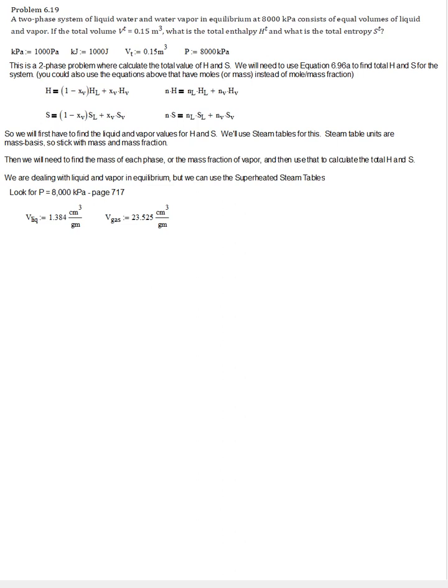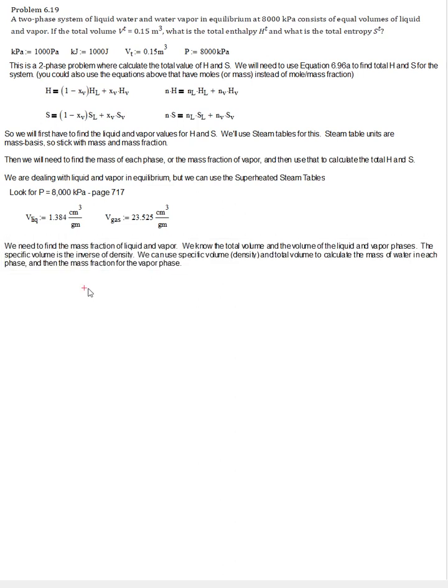But now I want to talk about how we're actually going to solve this problem. Like I said, we need to find the mass fraction of the liquid and the vapor. We know the total volume of our tank. We know the volume of the liquid and the vapor phases.